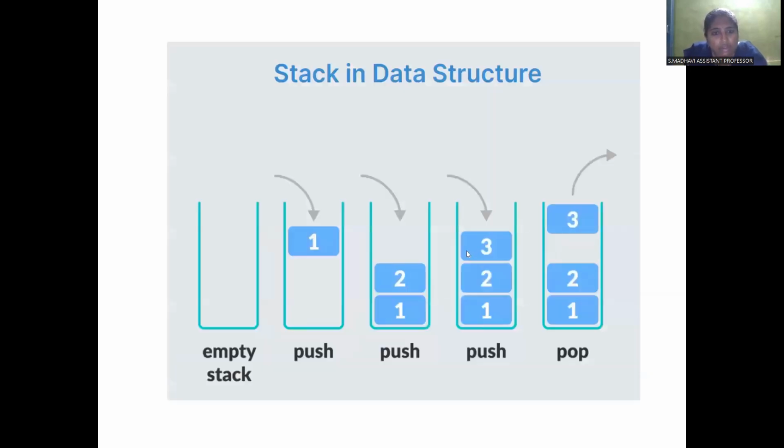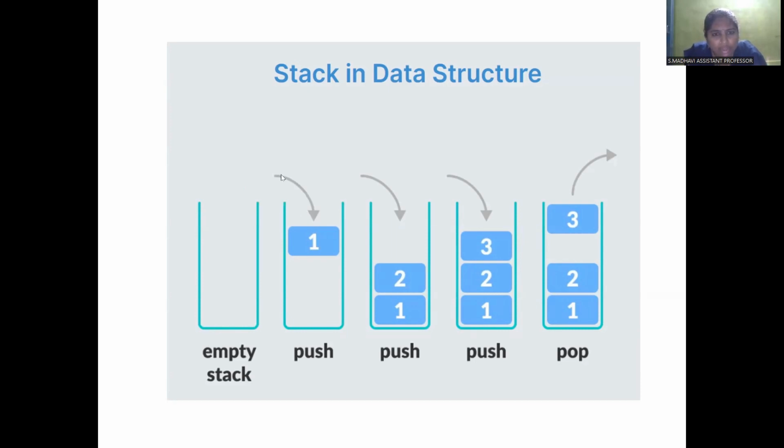Next, this is the basic stack data structure. Initially it was an empty stack, so no elements have been added onto it, which means that there is no top pointer over here. Next, a new element 1 is added onto the stack, so that is referred to as the push. A push operation is performed here, and we insert the element 1.